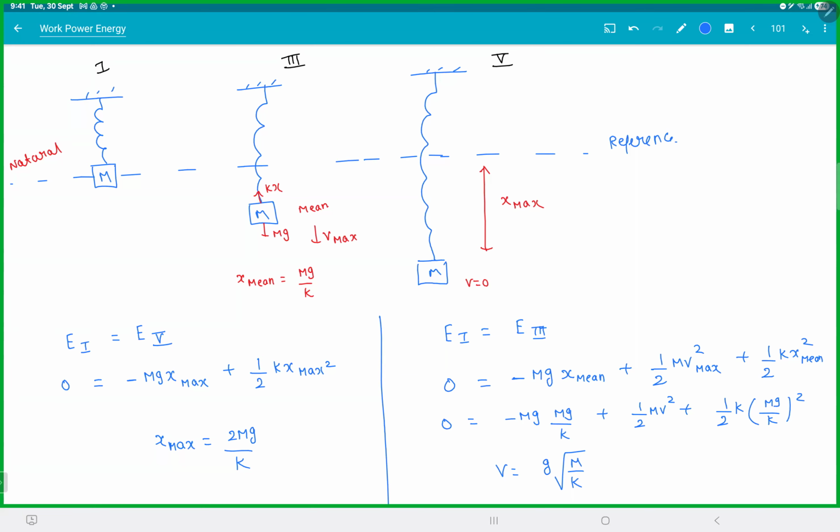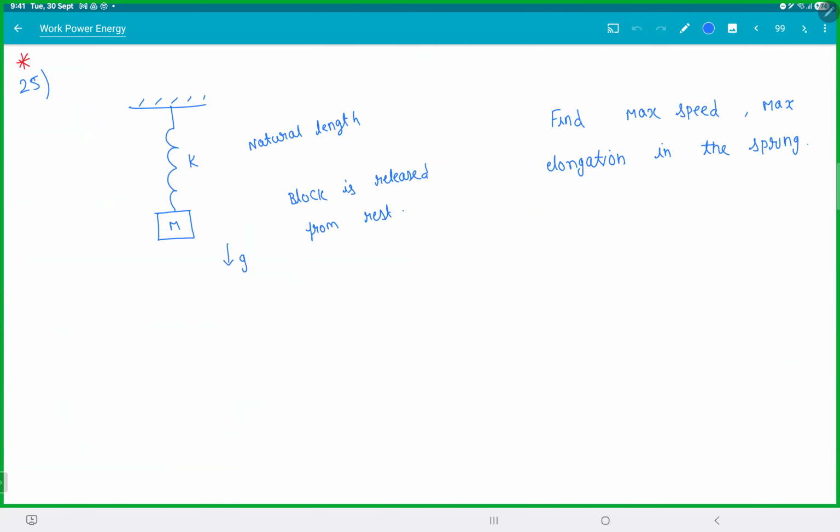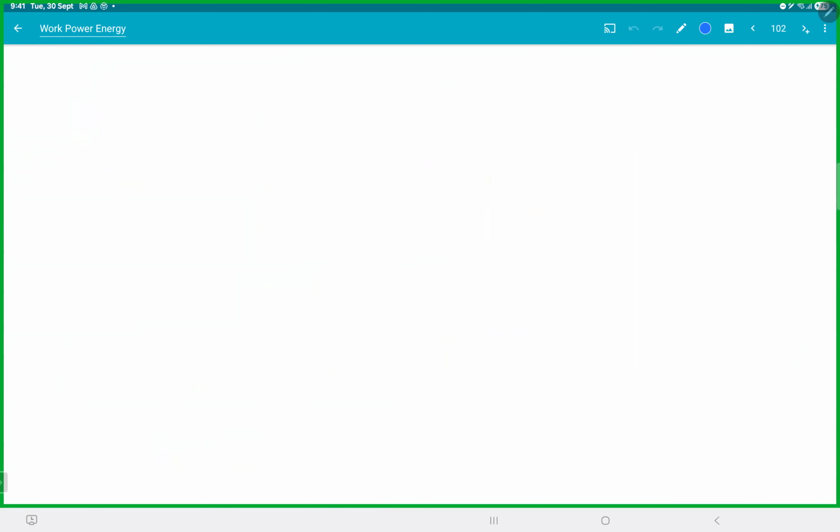Yeah, let's see one more. Let's say we have a block of mass m connected by a spring. This is 2m. Spring is in natural length.